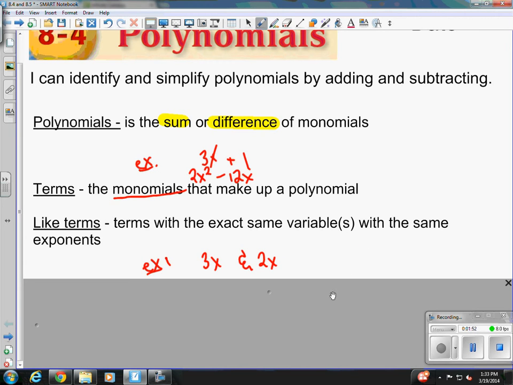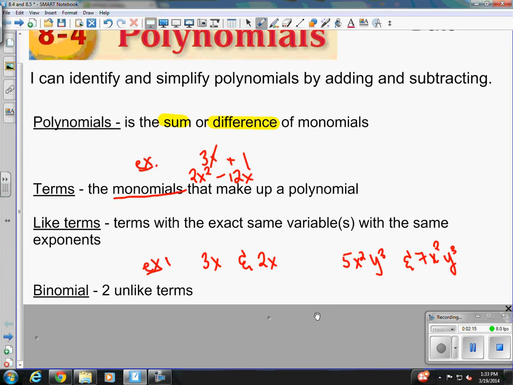The same way if I had 5x squared y to the third and 7x squared y to the third, because they have the exact same variables. They both have x's with the exact same power, so 2 and 2. They both have y's, and they both have y's to the third. So those are like terms.